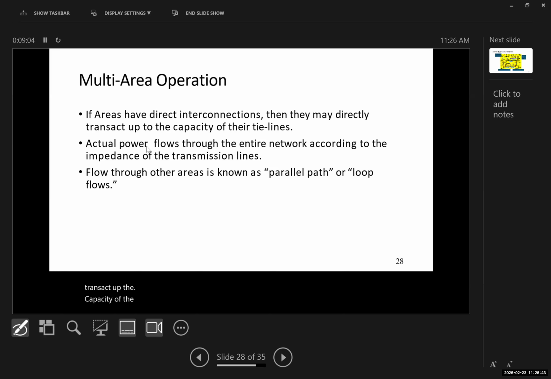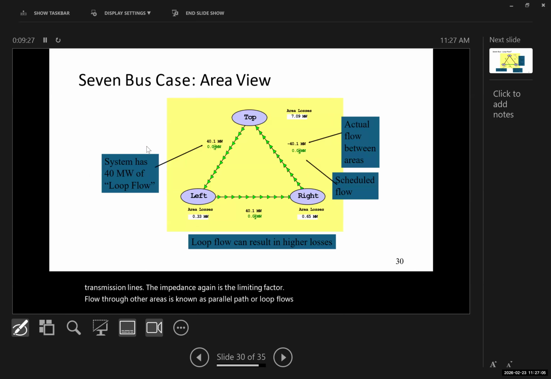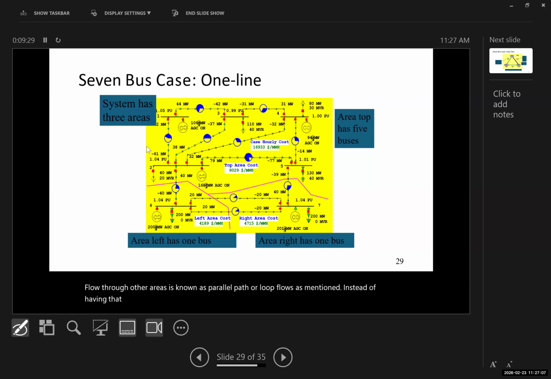Actual power flows through the entire network according to the impedance of the transmission lines. The impedance, again, is the limiting factor. Flow through other areas is known as parallel path or loop flows. As mentioned, instead of having that, you can have another path going through.